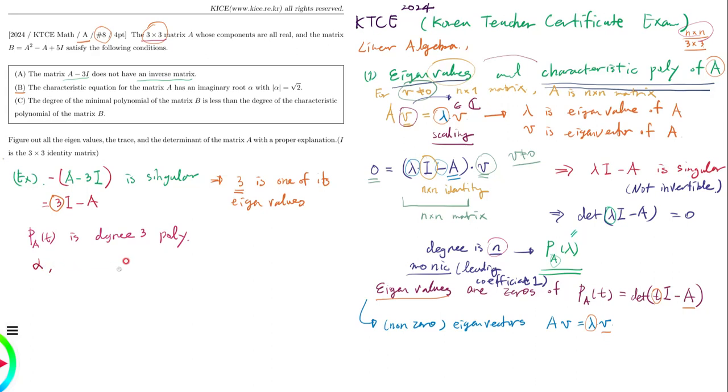And since a real polynomial of degree 3 cannot have only one complex zero, it should have its conjugate as a zero simultaneously. So those two are the other two eigenvalues of this matrix A.